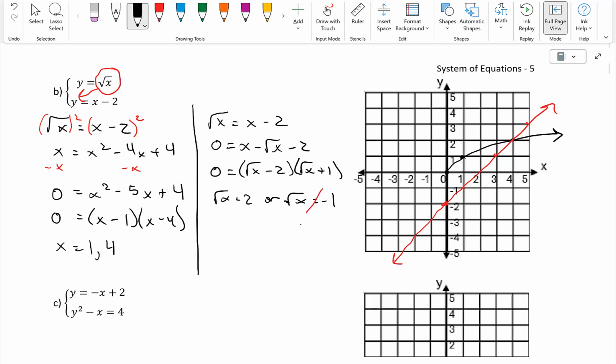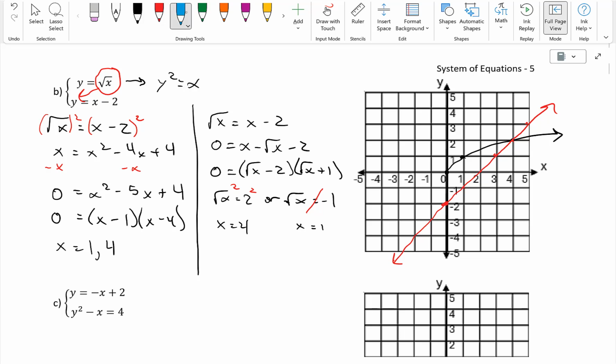If I did square both sides there, I'd get x equals 1, which is what we have on the left. If we square both sides for that root x equals 2, we end up with x equals 4, which is our other answer, or really our only solution for x here. If you do solve with that squaring both sides from the beginning, and we get this extraneous answer, it takes us back to what we looked at in one of the previous standards, where if we square both sides of this original equation, we're looking at y squared equals x.